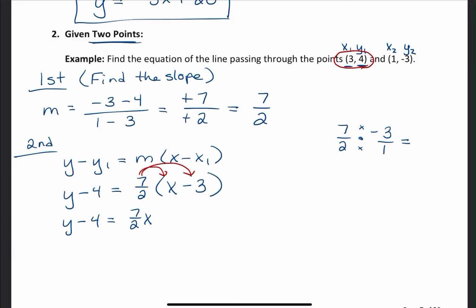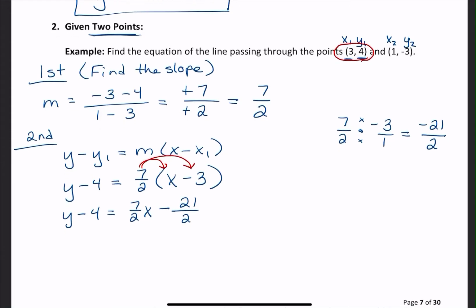So I got 7 times -3 is -21, and 2 times 1 is 2. Now that won't reduce. I'm just going to leave it as an improper fraction. I'm pretty sure your homework will take it if you change it to a decimal, but sometimes they don't come out to nice even decimals. They'll carry on forever. A fraction is always exact. You don't have to round with it.